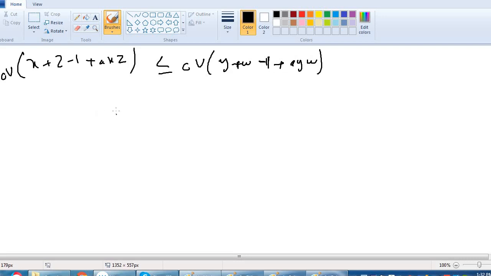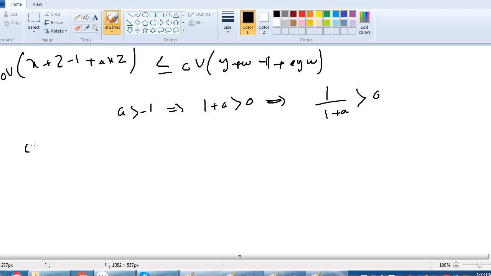Now we see that a is greater than minus 1. This implies 1 plus a is greater than 0. So 1 plus a is a positive number. This implies 1 over 1 plus a is also a positive number, also greater than 0. So in this way we can multiply both sides with 1 plus a.